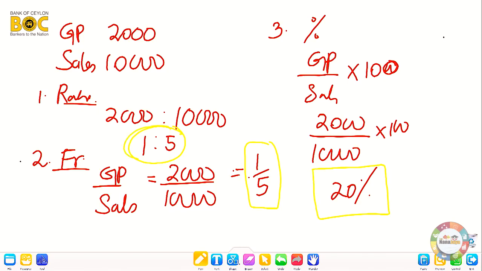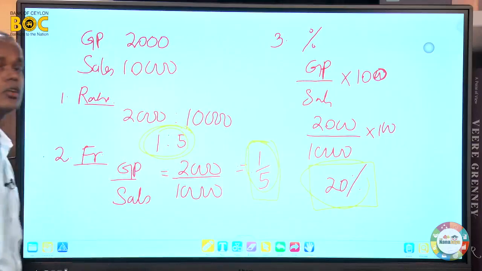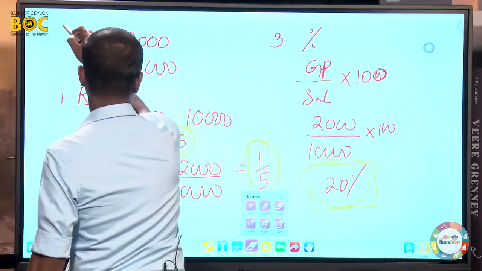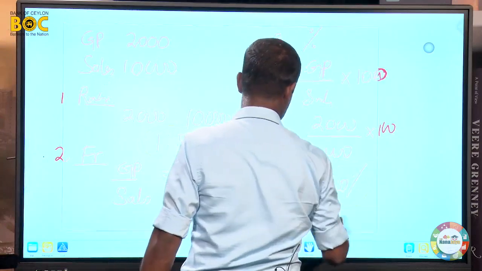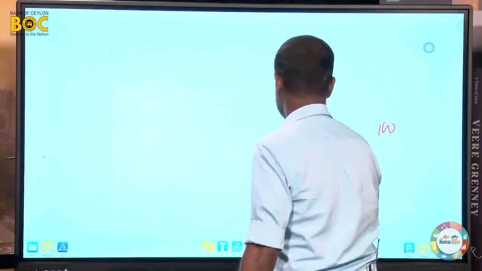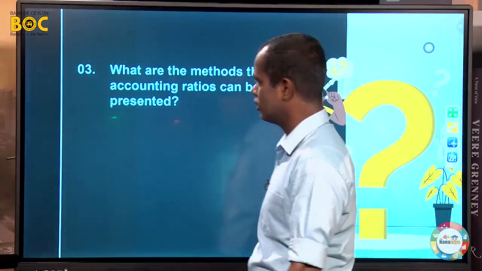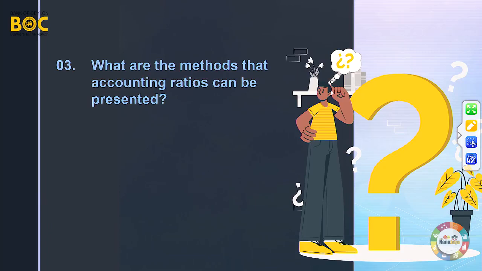Those are the options available to present a ratio. Question number 3 was, what are the methods by which accounting ratios can be presented? You can use a ratio, a fraction and a percentage.